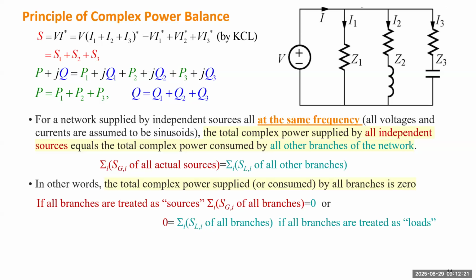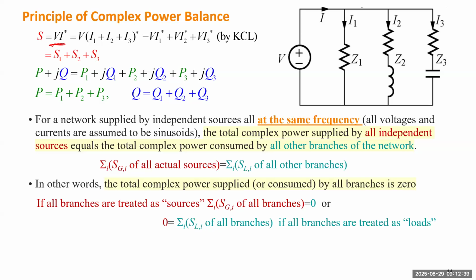At the end of the lecture on Wednesday, we talked about the principle of complex power balance. We start with the calculation of complex power using the voltage and current phasor.